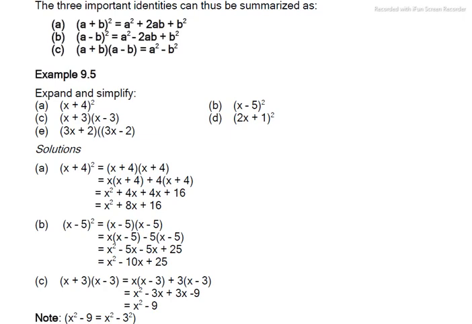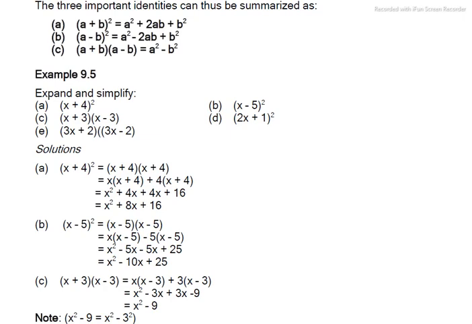So if we have a bracket that is squared, it simply means that that bracket is multiplying itself. Therefore, (a + b) squared is the same as (a + b) times (a + b). When you expand that, you come up with a squared plus 2ab plus b squared.